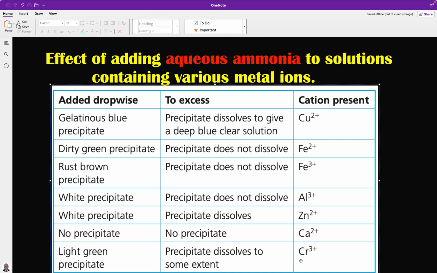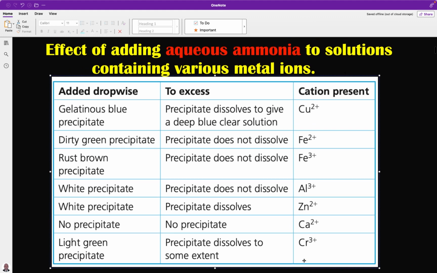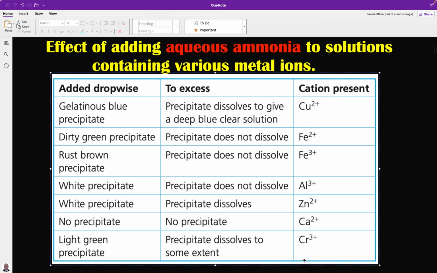Our conclusion is that the likely cation present would be chromium(III) ion. So these are the reactions we can have when reacting aqueous sodium hydroxide and aqueous ammonia with unknown salt solutions.